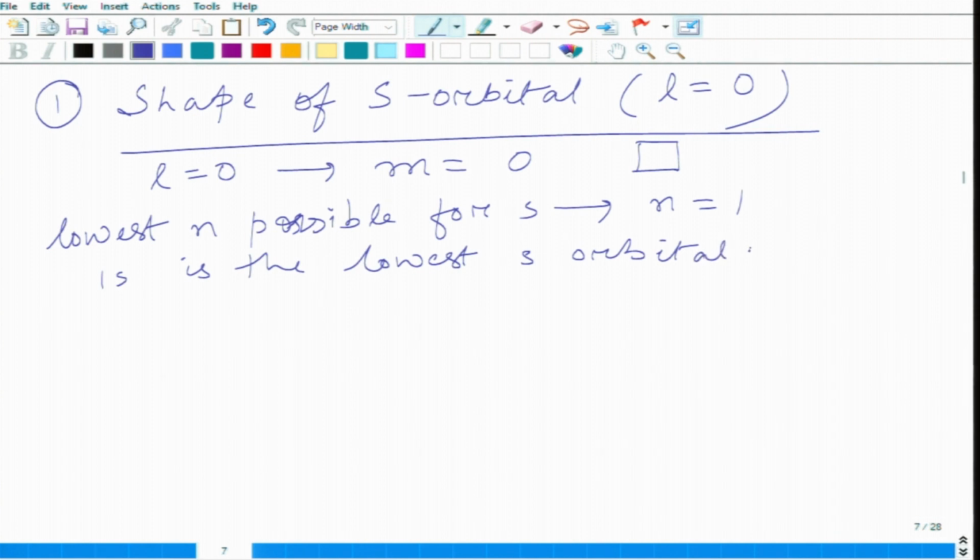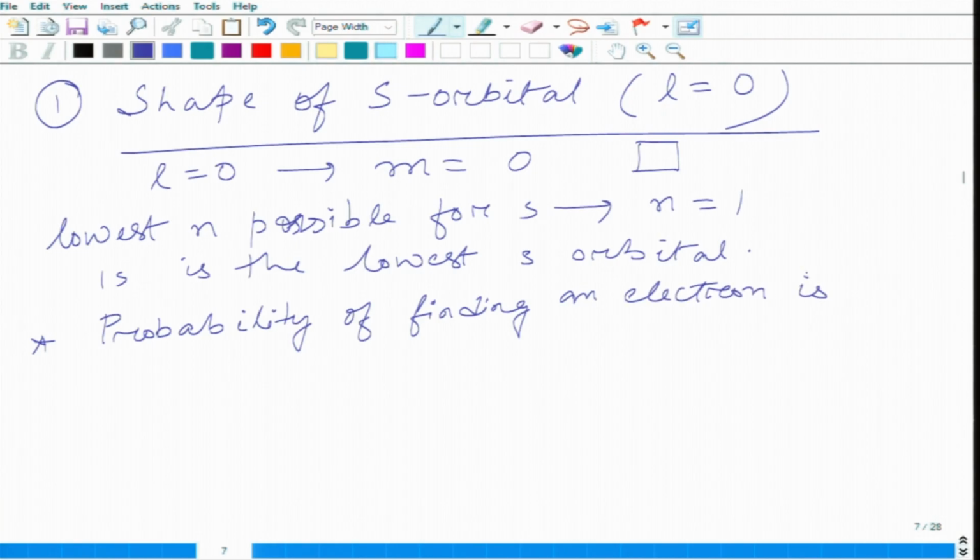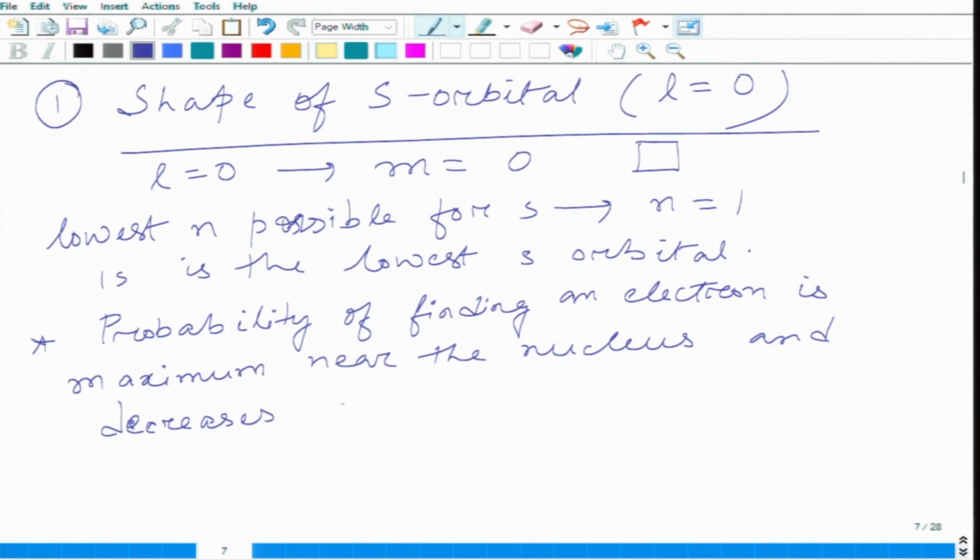Okay. Now we need to know certain points, that the probability density, or the probability of finding an electron, is maximum near the nucleus and decreases as we move away from the nucleus.